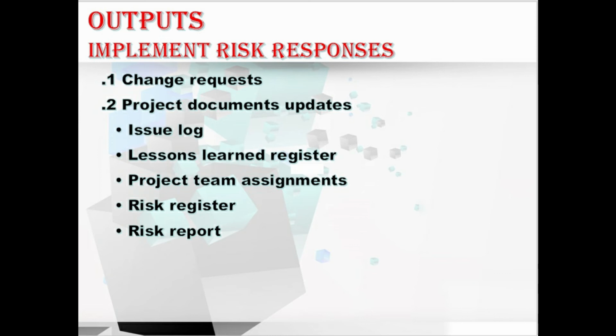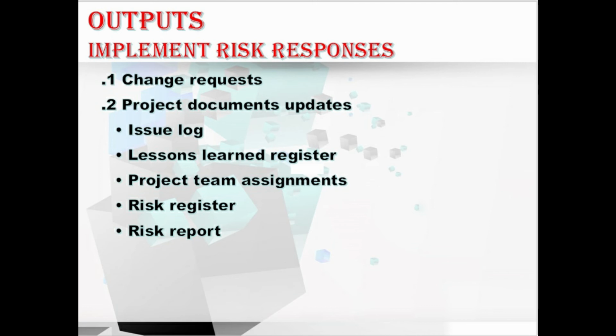First, the issue log. Here, the issues identified as part of the implement risk responses process are recorded in this issue log. Moving to the lessons learned register. Here, the lessons learned register is updated with information on challenges encountered when implementing the risk responses and how they could have been avoided, as well as the approaches that worked well for implementing the risk responses.